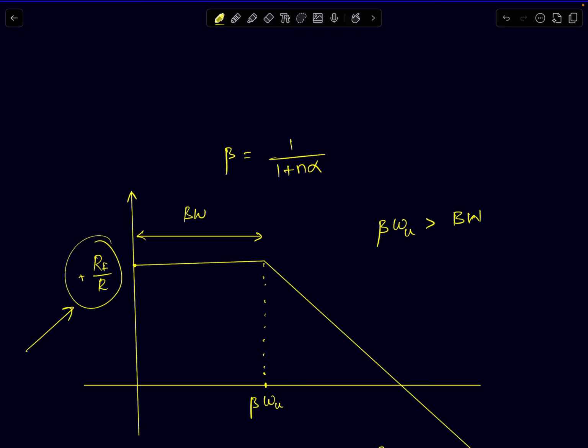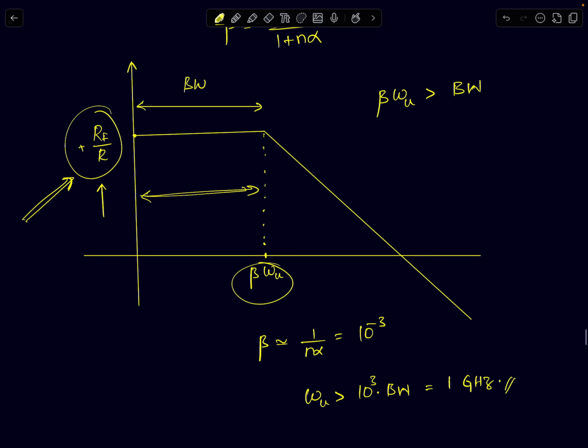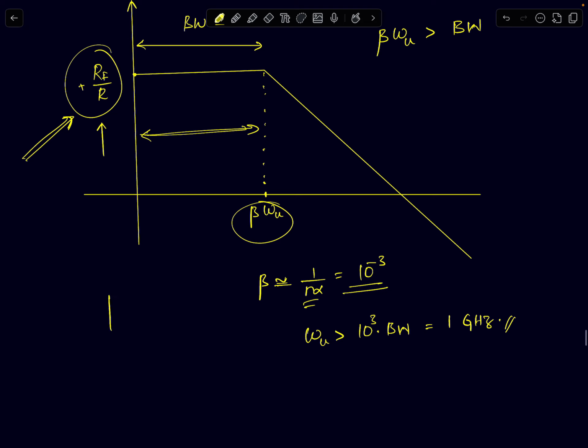For each path, the frequency response DC gain is going to be close to RF by R. But the 3 dB bandwidth is going to be beta times omega u, where beta is 1 by 1 plus n alpha. Since n alpha is 1000, which is much greater than 1, I can approximate beta to be equal to 10 power minus 3. So beta times omega u is your UGB.